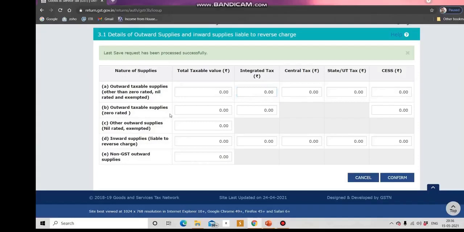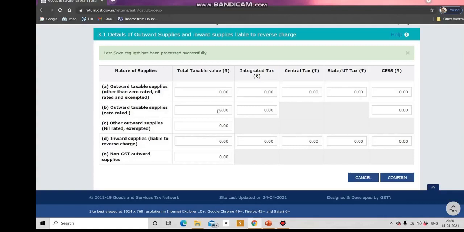B point is outward taxable supplies that are zero rated. So here we have to enter the export of services and export of goods. With respect to export of services and goods, there are 2 options available with the dealer. Either he has to first pay the IGST tax and then subsequently claim a refund, or he can file a LUT with the government and then not pay the tax in the first place at all.